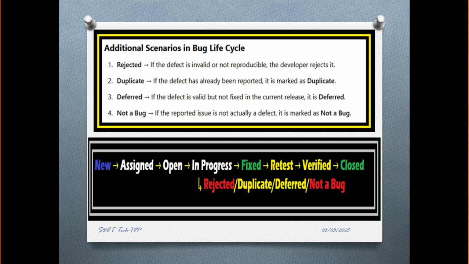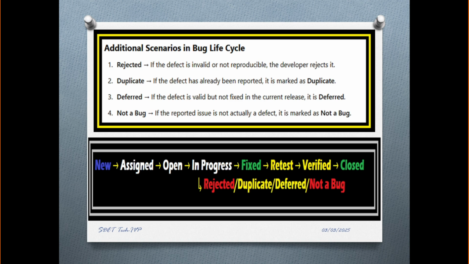Duplicate: if a bug is already reported by another QA, or by mistake you have raised the bug again, it is marked as a duplicate. Deferred: the bug is valid but not fixed this time. In the next release it will be picked up to be fixed. Not a bug: if the reported issue is not actually a defect, it is marked as not a bug.